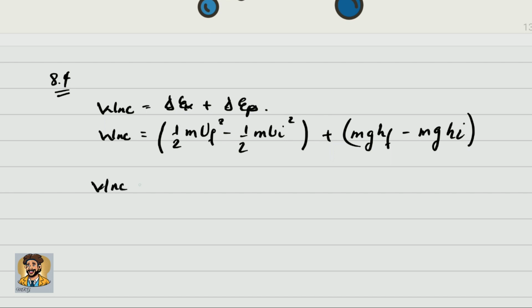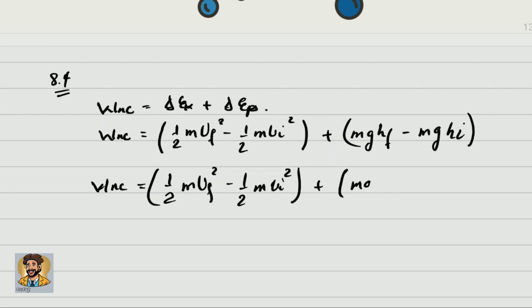Work done by the non-conservative forces is equal to half mass final speed squared minus half mass initial speed squared plus mass acceleration due to gravity final height, that is d, but d is negative because it's below the point, so minus d.